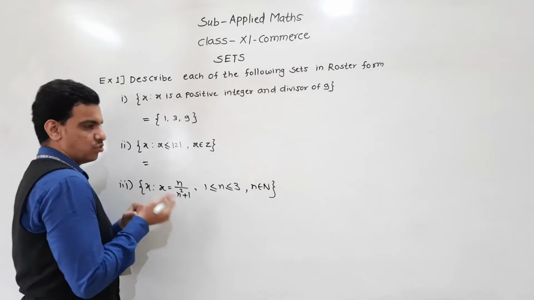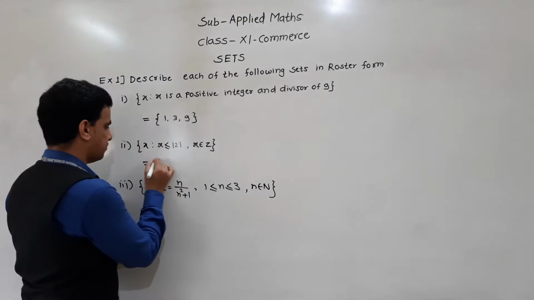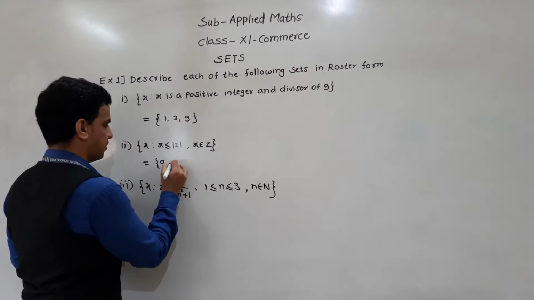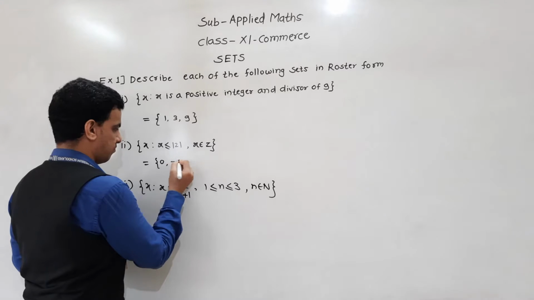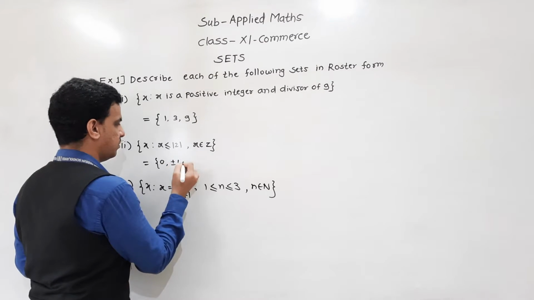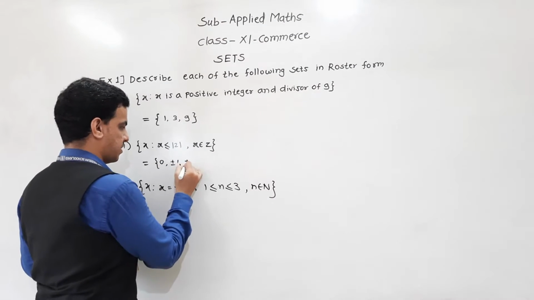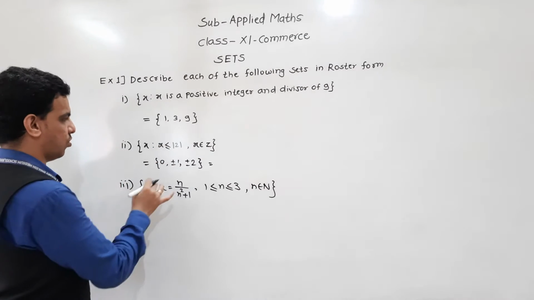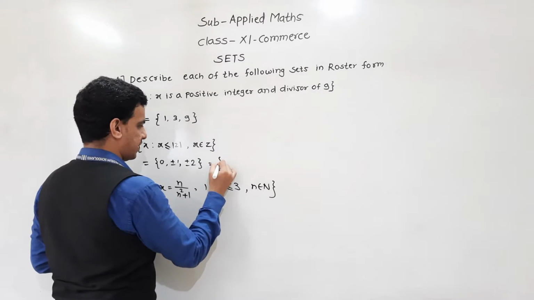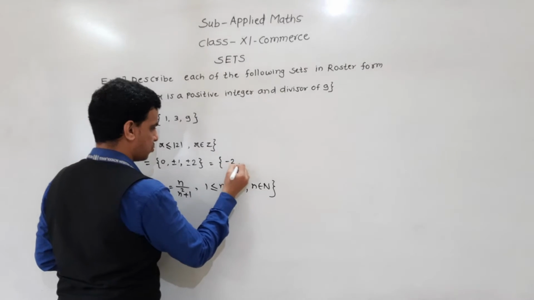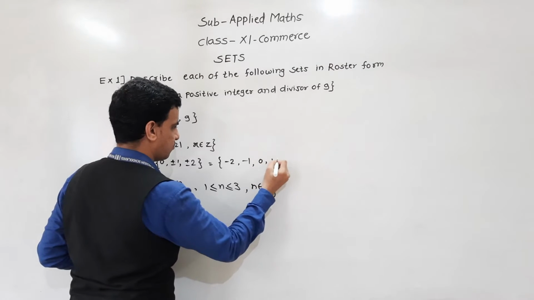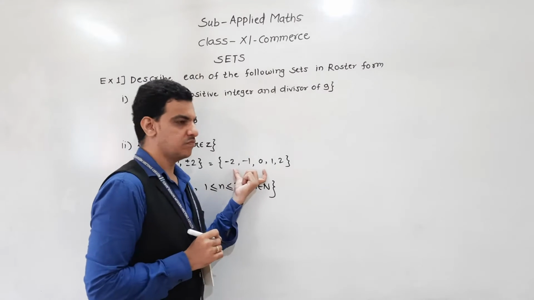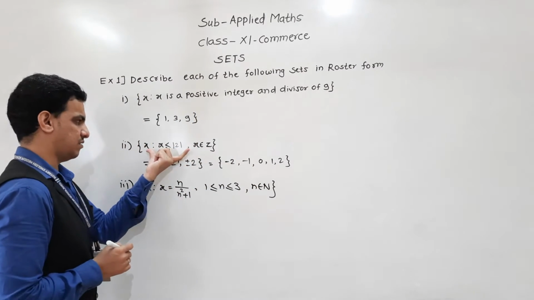Okay, so when we remove that mod sign, it is 0, then plus minus 1, then plus minus 2, because it is less than or equal to mod 2. So we can write it this way also: minus 2, minus 1, 0, 1, 2. Okay, so this is the roster form of this set.